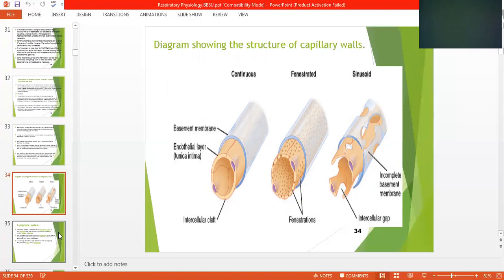Here you can see the fenestration, meaning the holes in the capillary, from which the blood comes out and is supplied to the tissue. Intercellular gaps are there, with incomplete basement membranes. So we call them sinusoids. A continuous capillary is also there. Fenestration means there are small holes or pores, and sinusoids means a space.